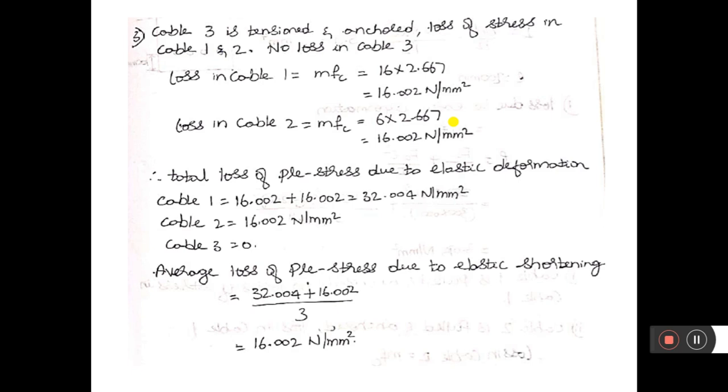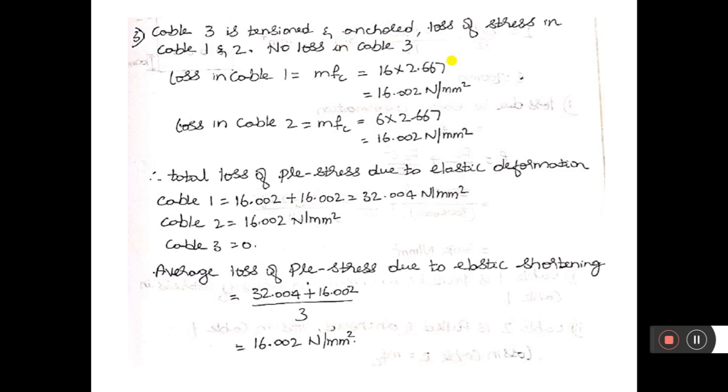As a result, there will be loss of stress in cable 1 and cable 2, which are already tensioned and anchored, and there will be no loss in cable 3 because cable 3 will be anchored after allowing for the shortening in the length of that member. Hence the loss in cable 3 will be 0.